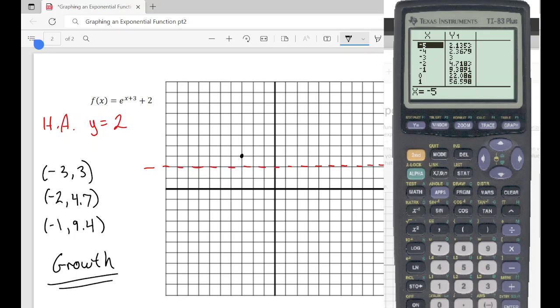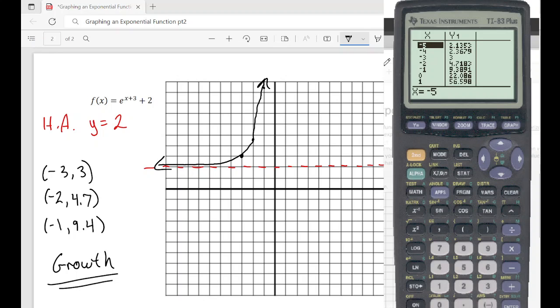And then negative 2, 4.7, we'll say right there. And then negative 1 and 9.4, so negative 1, 9.4. So the graph should start here and then go up kind of fast.